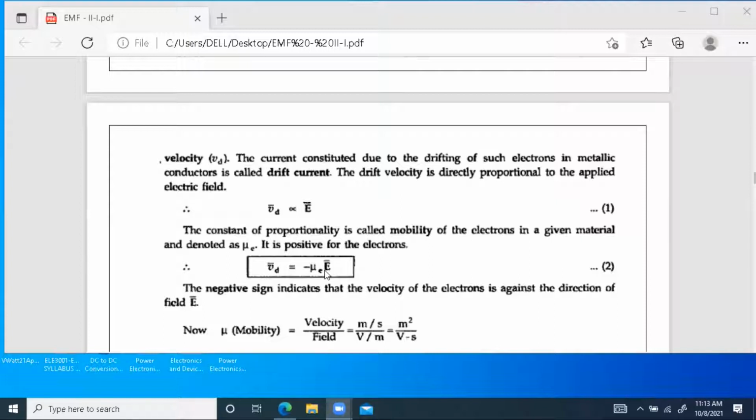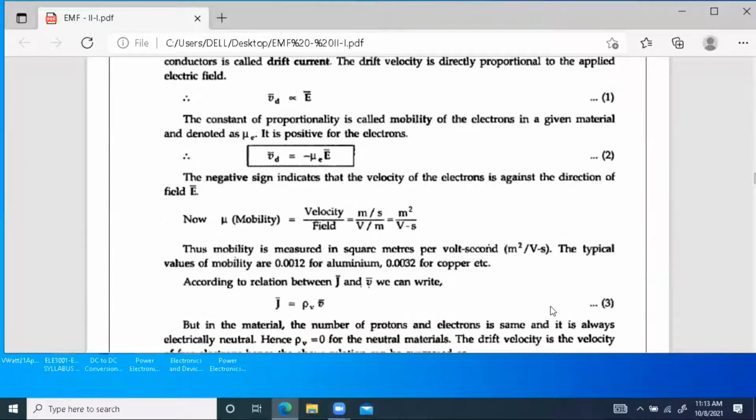So the unit for this constant, known as the mobility, is velocity over the field.